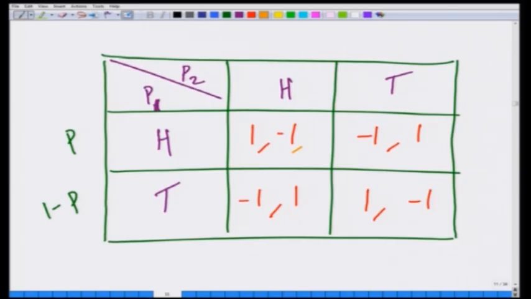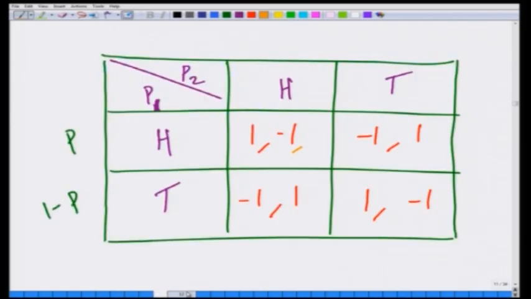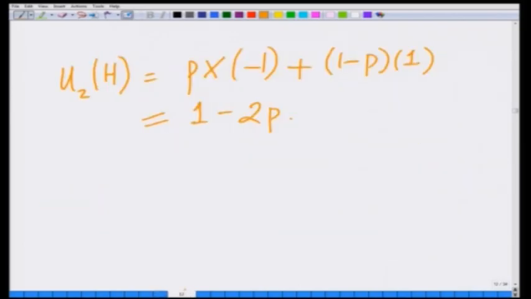So fraction p of the time his payoff is minus 1, fraction 1 minus p of the time his payoff is 1. So his average payoff is p times minus 1 plus 1 minus p times 1, which is equal to 1 minus 2p.